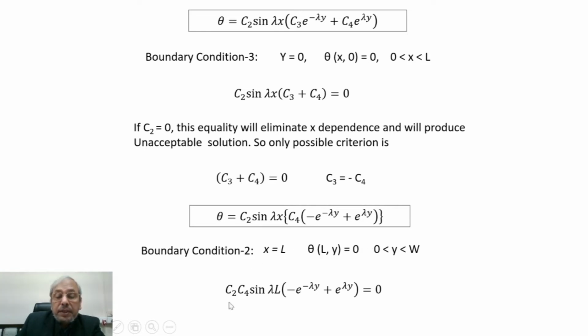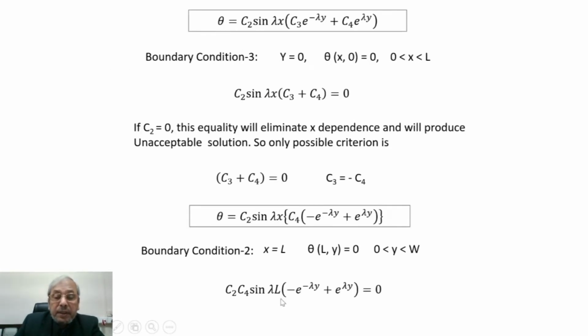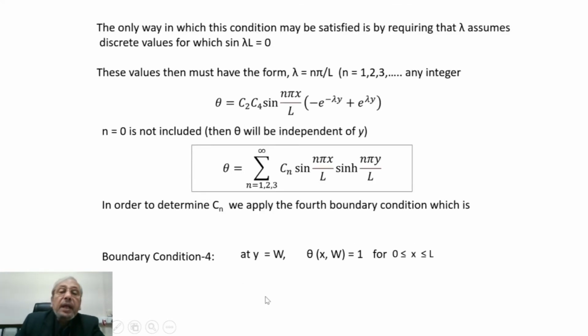After substituting this, again we see the only way this can be reached is if we apply a special condition on sine lambda L, because C2 C4 we cannot make equal to 0. So sine lambda L equal to 0 for specific values of lambda.